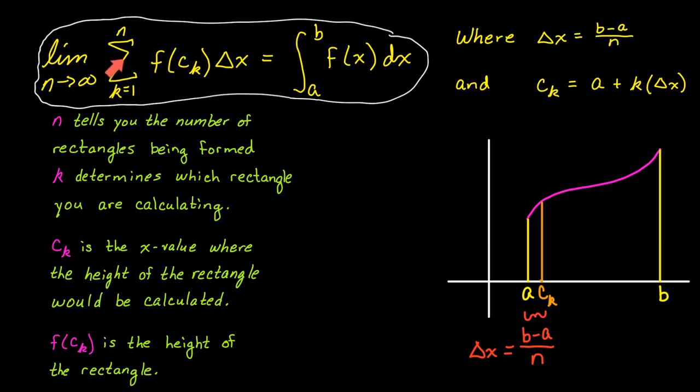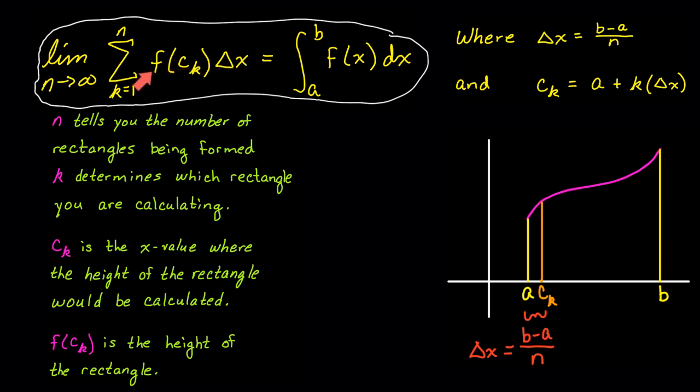So sigma is a sum going from k equals 1 up to n, and it's the limit as n goes to infinity. Well, what's k, what's n, and all this mess right here?